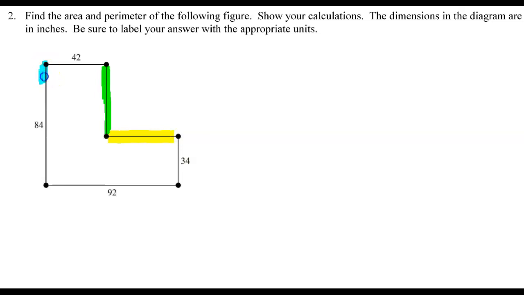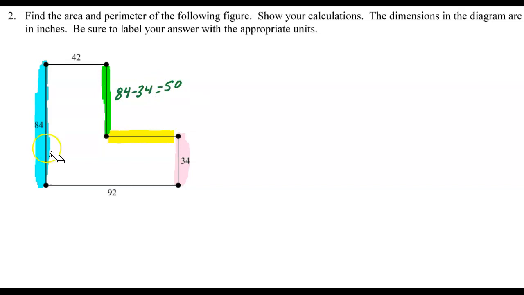We know the blue piece here is 84, and we know the pink piece is 34. So to get the green piece, I can subtract the 34 from the 84, because the green plus the pink is equal to the blue. So doing that, I get the green piece is 50.